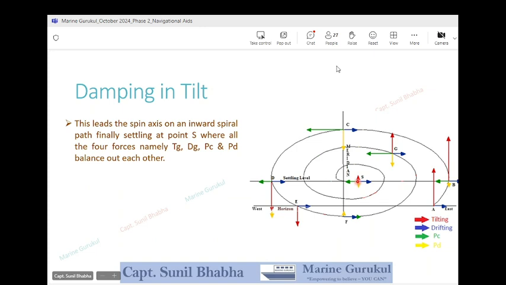Now the point where it settles has to be the point where all these four forces cancel out each other. Because if any of the force is not balanced, then there will be some resultant force acting on the spin axis and it will not settle there, it will move to a new location. So it has to settle at a point where all these four forces balance out.